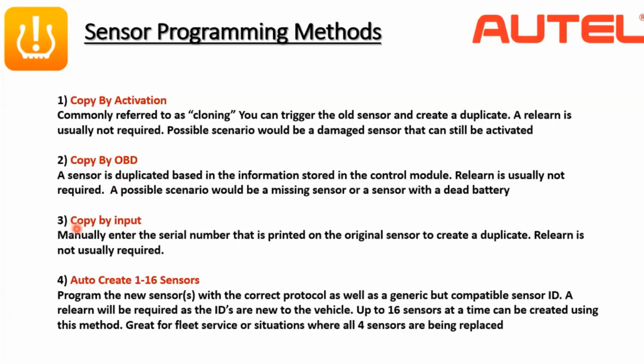And copy by input. Copy by input is not a very common procedure, but in case you are able to do it, you can. You're basically putting the code of the TPMS sensor into the new sensor. Usually the sensor ID is mentioned on the sensor itself, or if you can retrieve it in some other way, you can paste the same code into the new sensor.